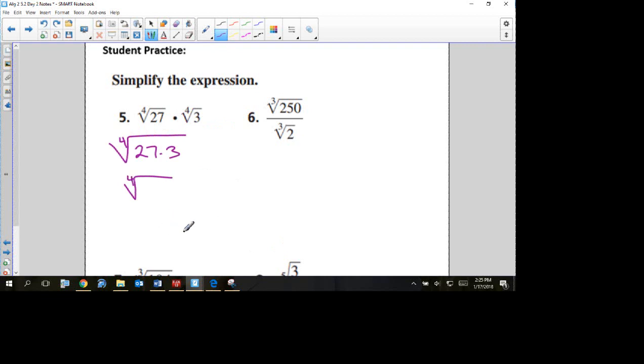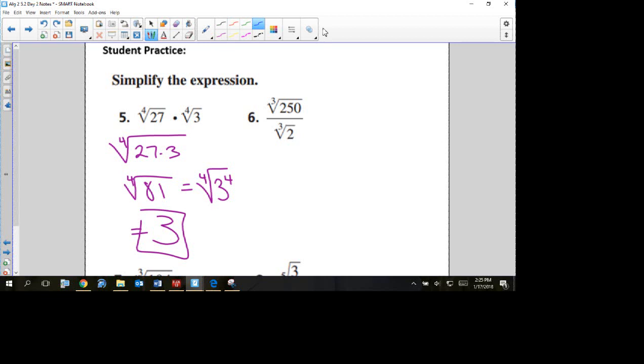So I got 4th root of 81, and is 81 something to the 4th? 81 is the same thing as 3 to the 4th. So my answer is 3.